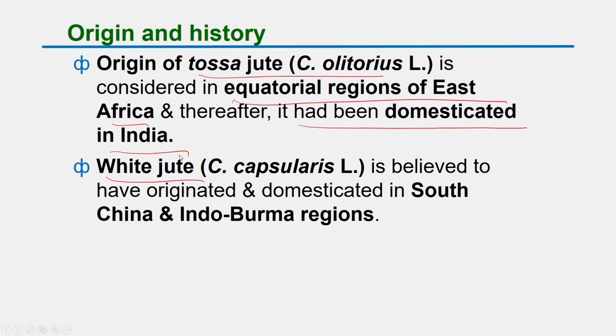And white jute, Corchorus capsularis L, is believed to have originated and been domesticated in South China and the Indo-Burma regions. So this is how these crops have originated, partly in Africa and partly in Asia. In Asia, China, India and the Burma region may be the probable origin centers.